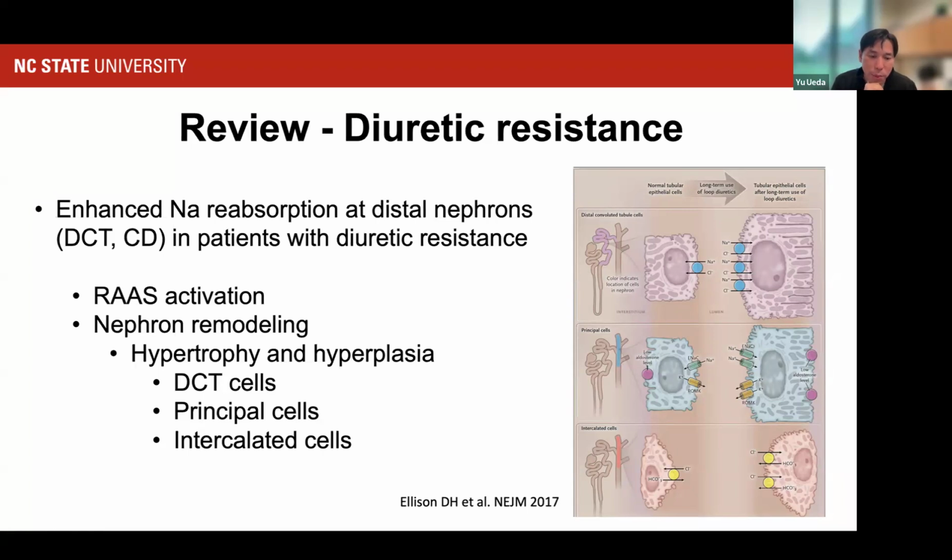All these things could be increased by the hypertrophy and hyperplasia of these distal nephrons due to the chronic usage of furosemide, resulting in diuretic resistance.